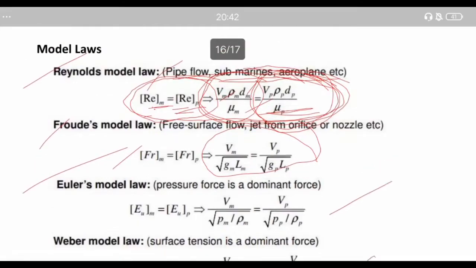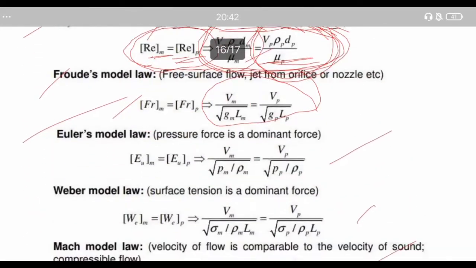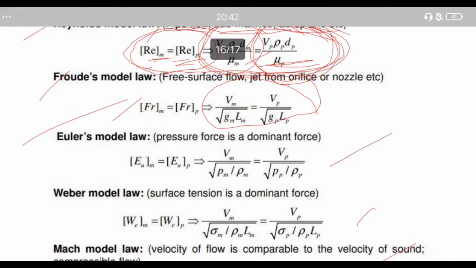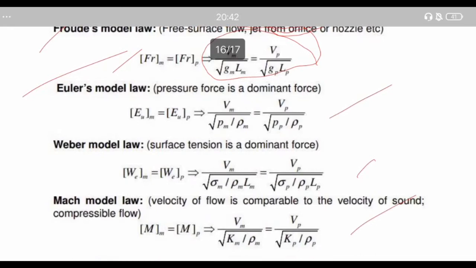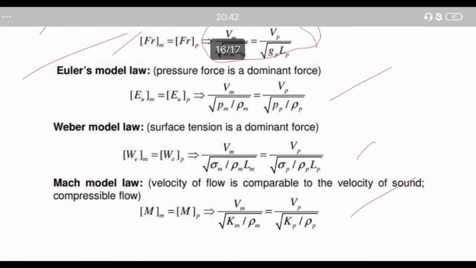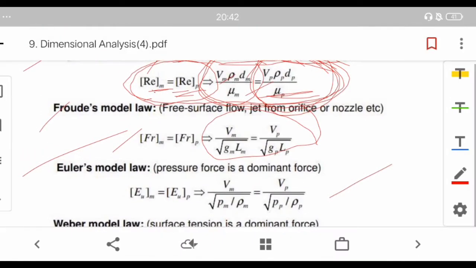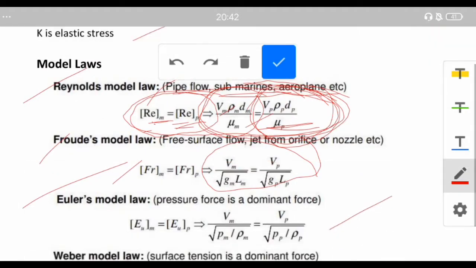So in other words, we all know the formulas for these 5 numbers, that is the Reynolds, Froude, Euler, Weber, and Mach numbers, and they will be applicable and hold good for both model and prototype. Whatever value we get for a particular number will be equal for both model and prototype.